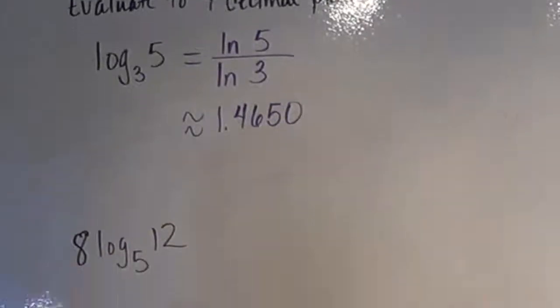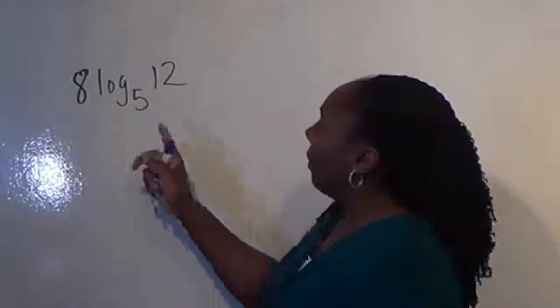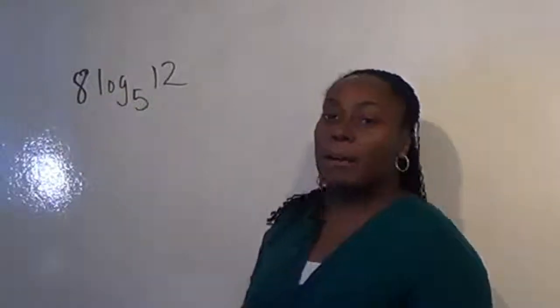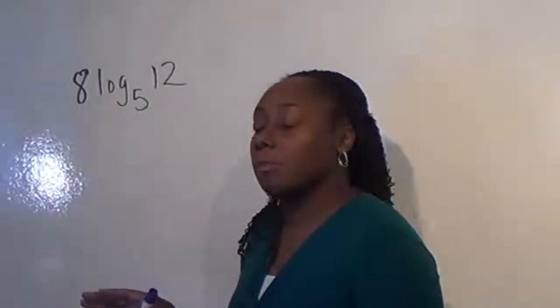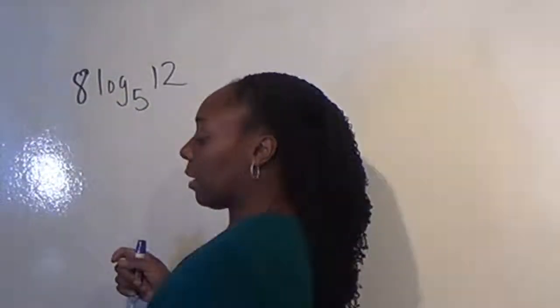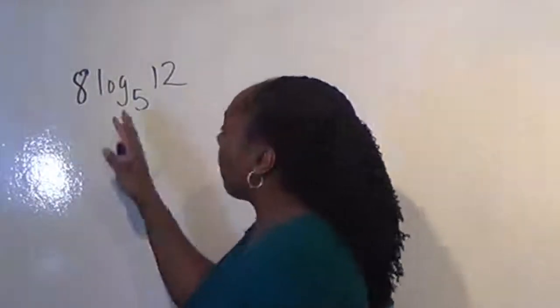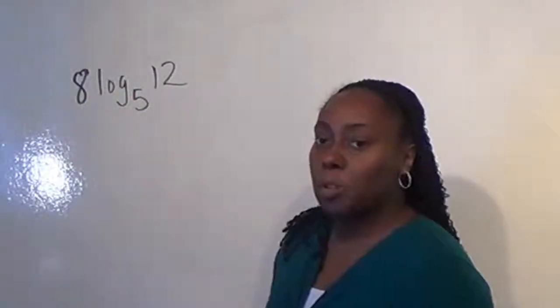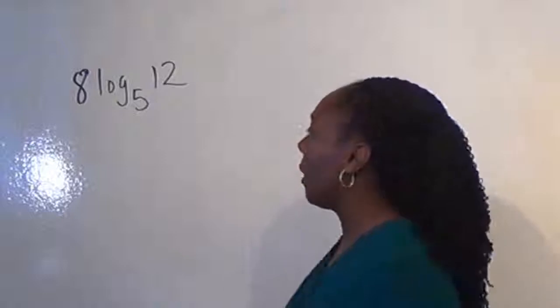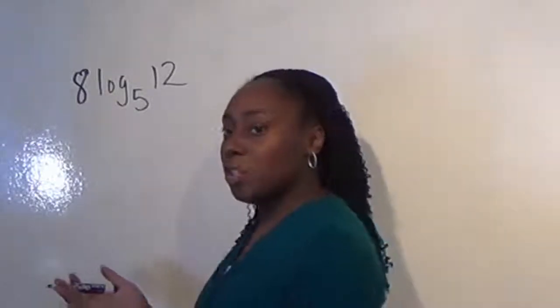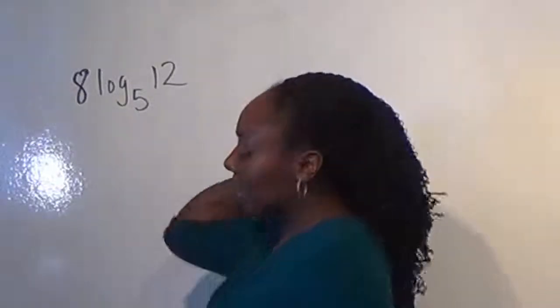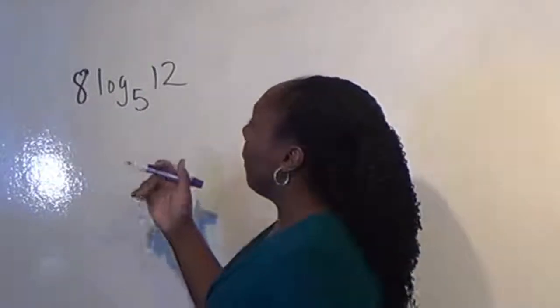Okay. For the other logarithm, this one now I have some coefficient out front. So I'm still doing the same thing, but I want to add a little bit more to it. So it's not just the logarithm I'm evaluating. Here I'm still going to use my change of base property. And for this one, I'm going to use our common log.